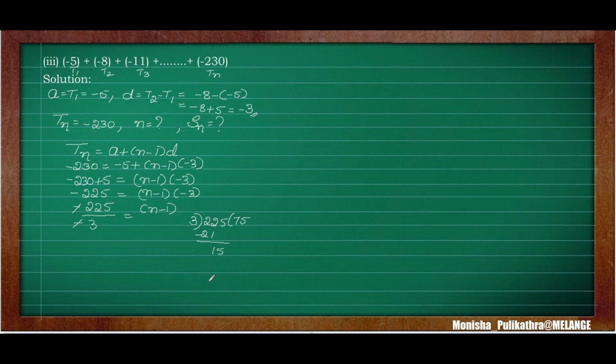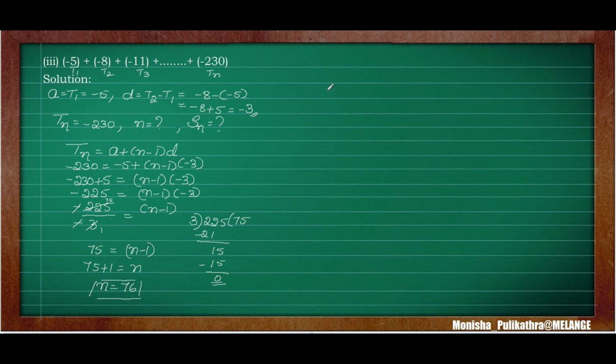So 3 5s are 15. So the quotient is 75. So 3 1s are 3, 3 7s are 21. Okay, so 75 is equal to n minus 1. So 75 plus 1 is equal to n. So the number of terms is 76.